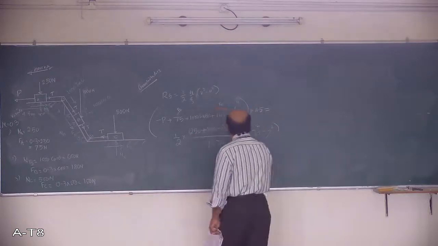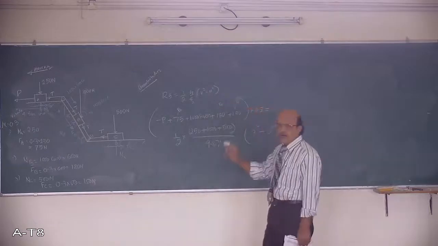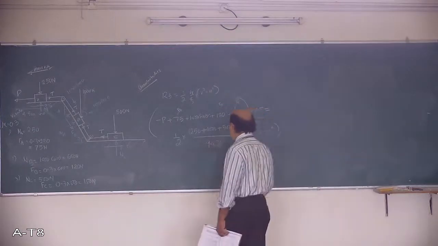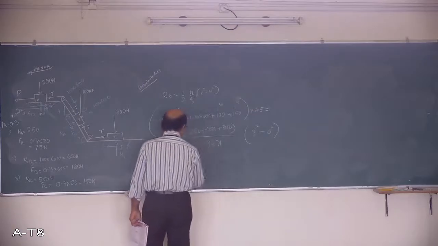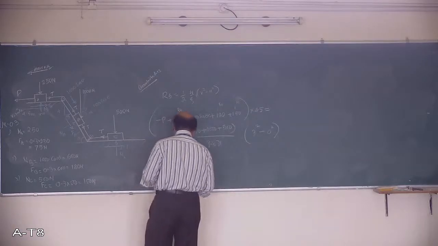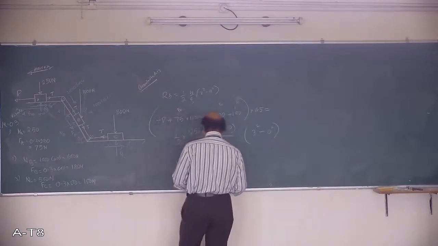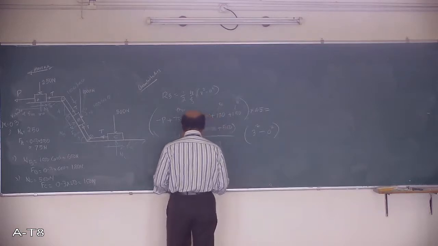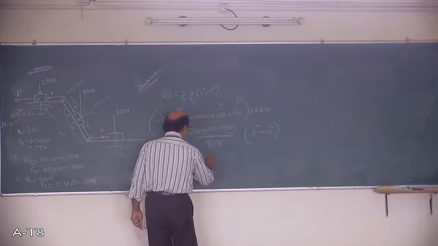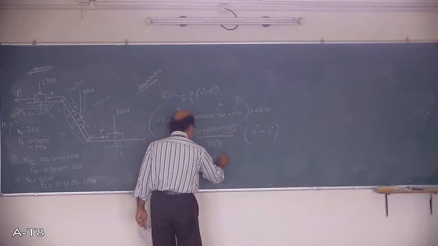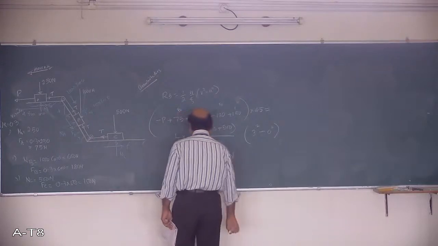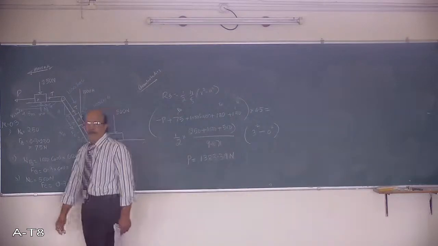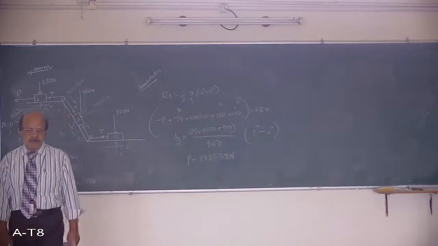In this equation, there is only one unknown, P. You solve this equation, you will get P is equal to 1383.39 Newton. Okay.